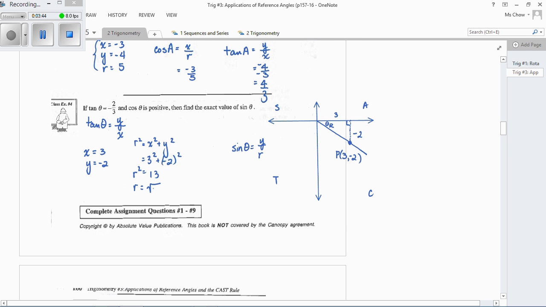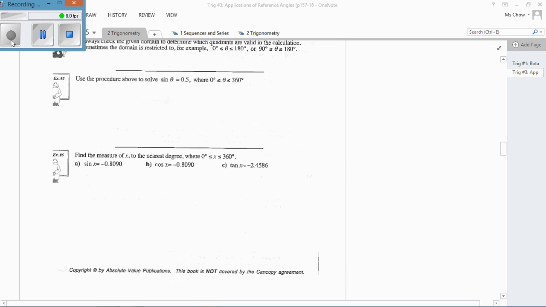R then is equal to the square root of 13. So our sine of theta is going to equal y over r, or negative 2 over root 13. Rationalizing the denominator by multiplying top and bottom by root 13, we have negative 2 root 13 over 13 as our exact value of sine theta. Good. Let's pause that there.